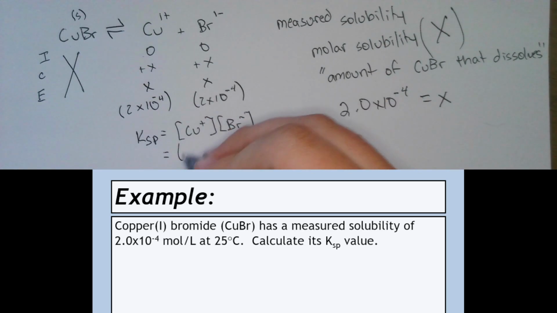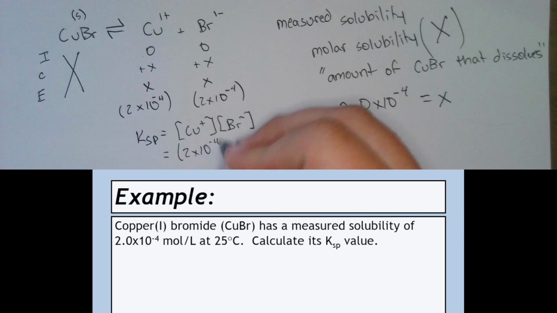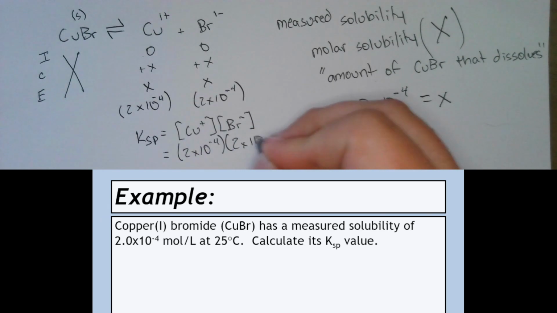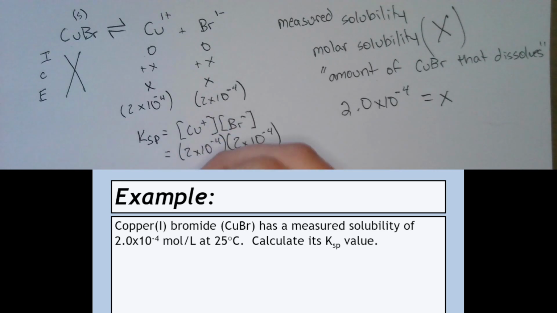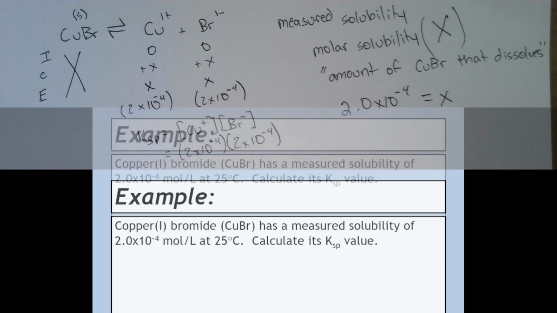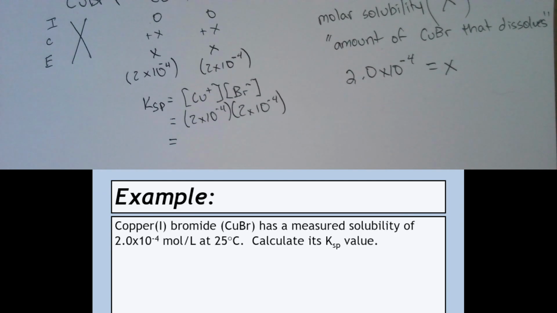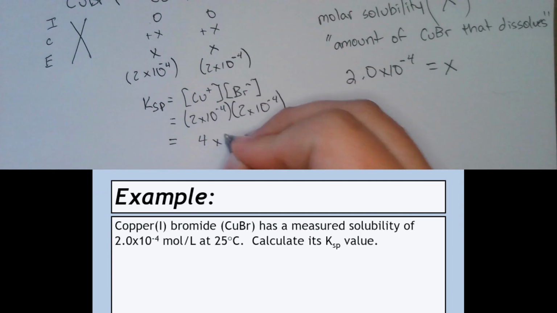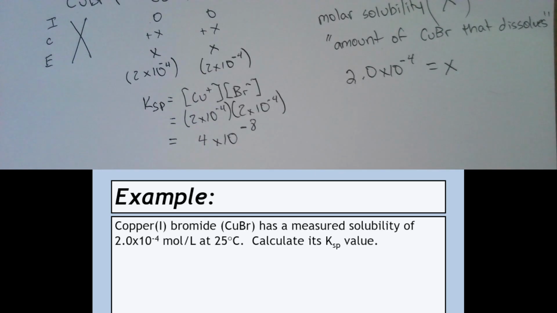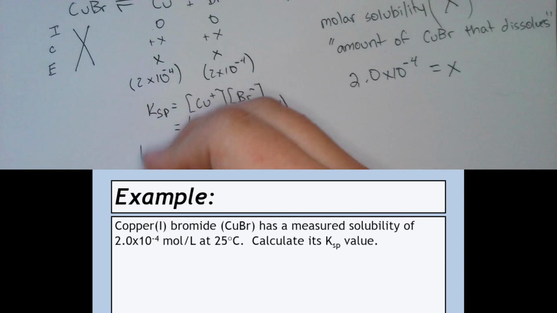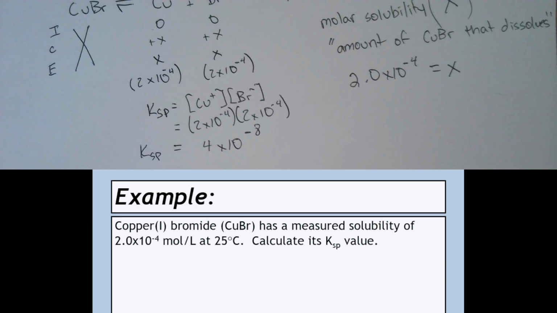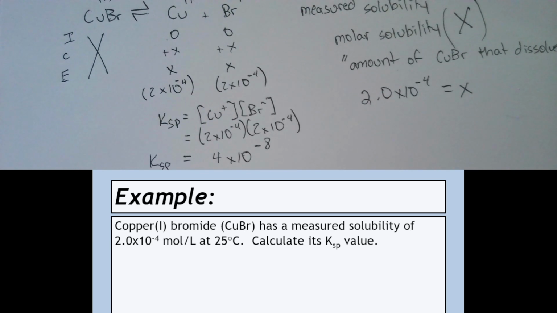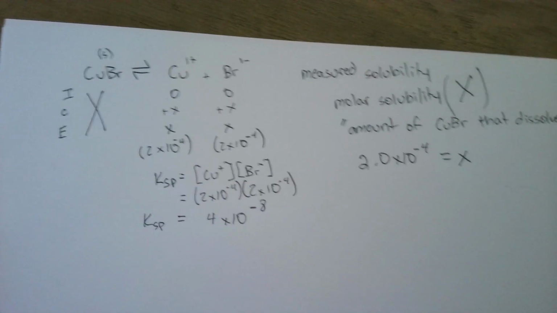Plug in these numbers, 2 times 10 to the minus 4 for both, and then you're able to solve. 4 times 10 to the minus 8 is our Ksp. That's the idea of these problems.